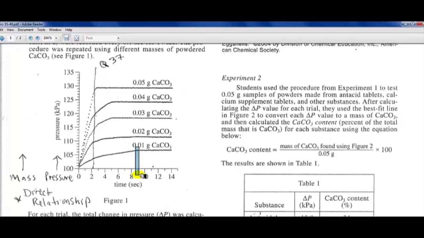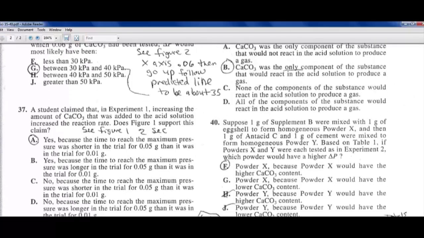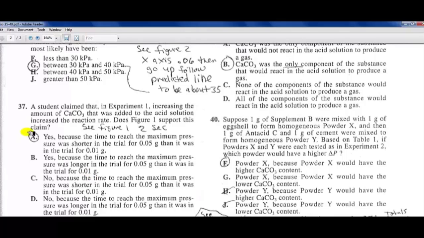Maximum peak for 0.01 takes you about 9 seconds, whereas here with 0.05 its maximum time is right around 3 seconds. You see that? Correct answer therefore for practice problem number 37 is going to be answer choice A.